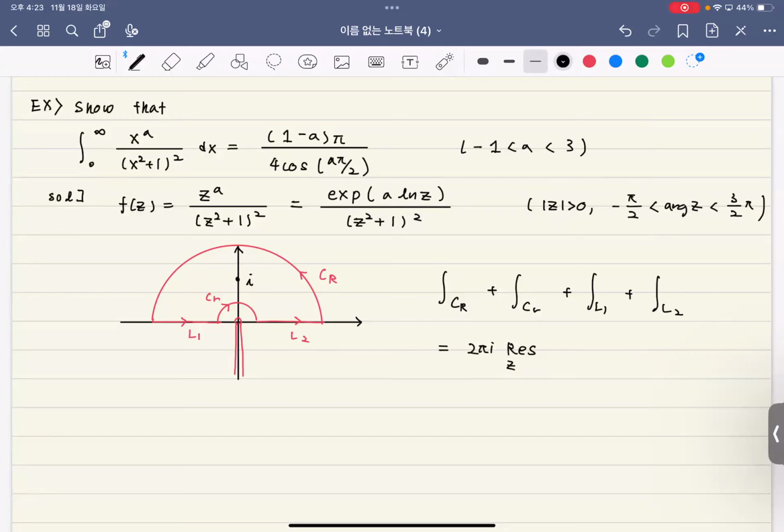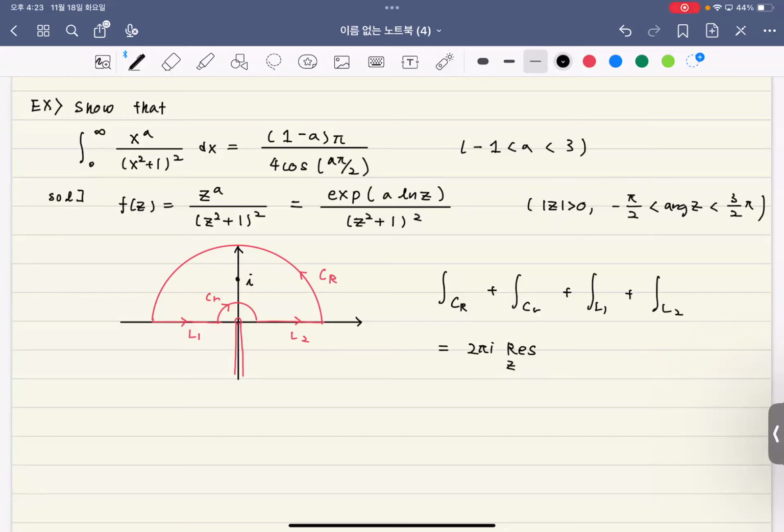It turns out that this entire thing is 2 pi i times, provided that my computation is correct, e to the i pi over 2 times (1 minus a) times pi. Okay, so you know how to do this, right?